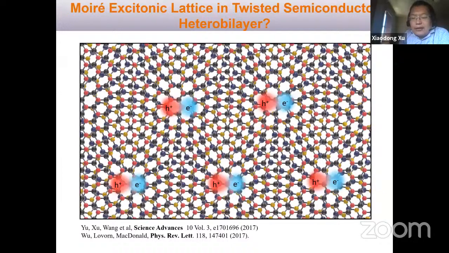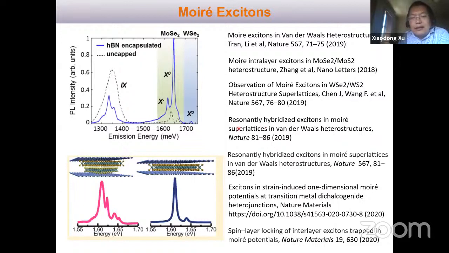And this field has advanced really fast in the last couple of years. There is a lot of work being done to study excitons trapped in the Moiré superlattice potentials, which we call Moiré excitons. I apologize if I missed any citations here. But the point is, a lot of work is being done, and many interesting phenomena are being observed associated with these Moiré superlattice potentials.